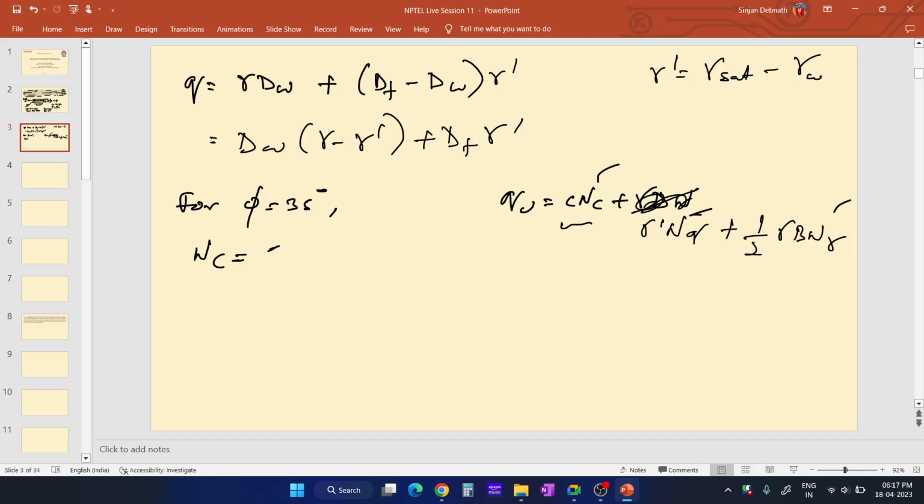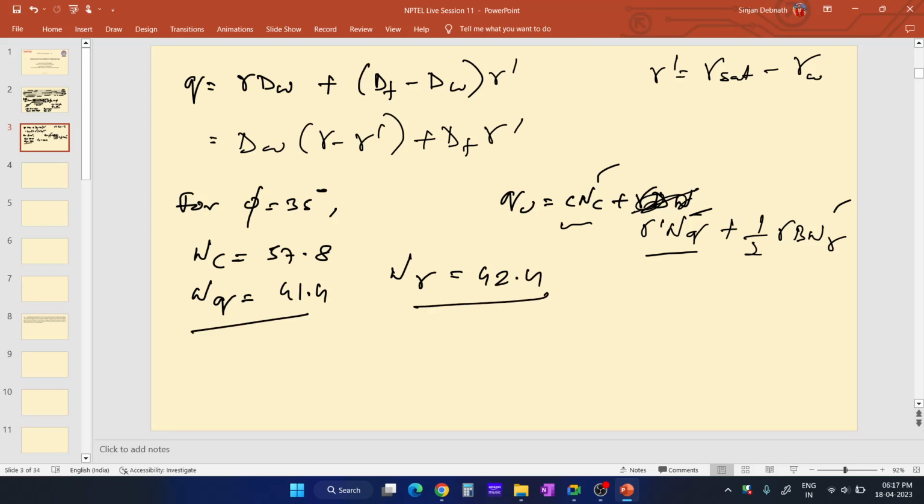Nc is 57.8, Nq, for the surcharge part, is 41.4, and N gamma is 42.4. Now you have the values of all the bearing capacity factors.